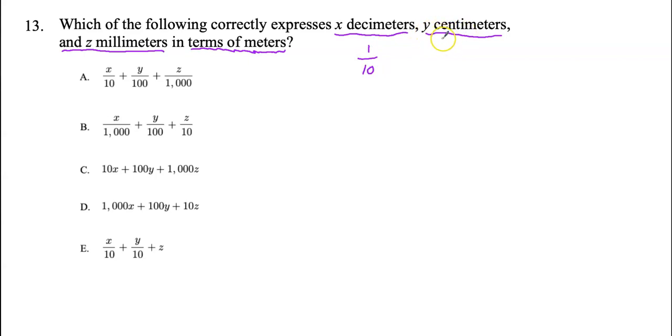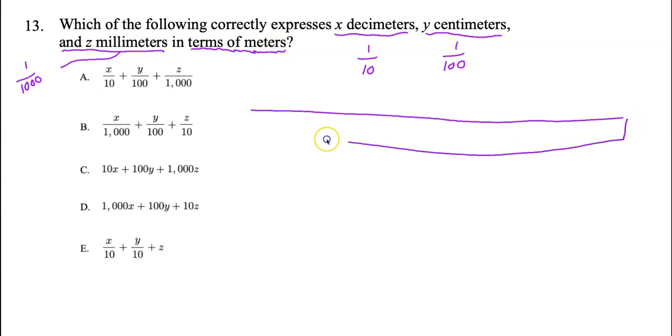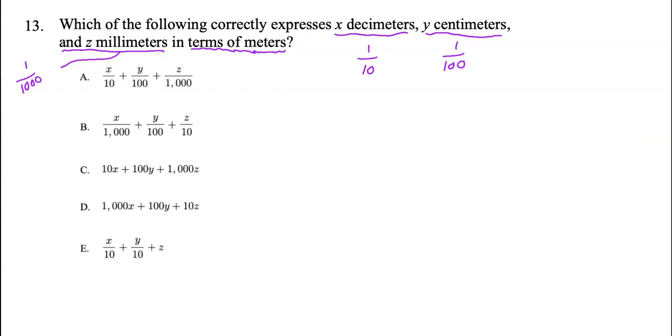Centimeters are 1/100th of a meter, and millimeters are 1/1000th of a meter. So again, for example, if I had a meter stick, and you can get a meter stick, and I broke it up into 100 different pieces, this distance would be 1 centimeter. So based on that, hopefully you can find the answer. Let's see.